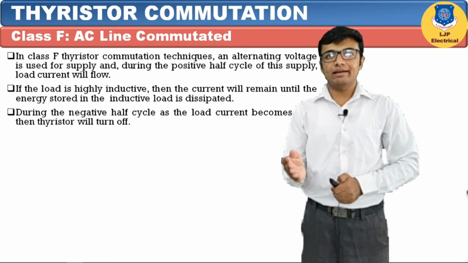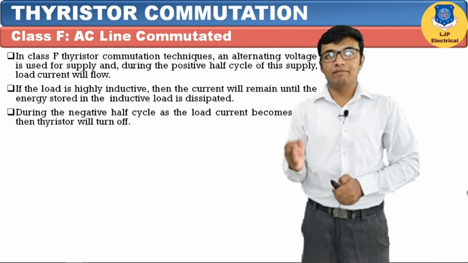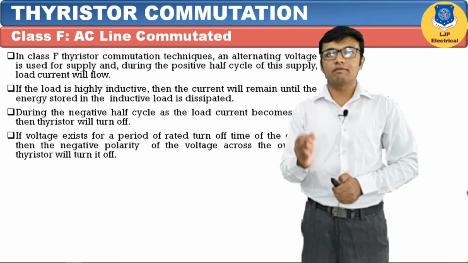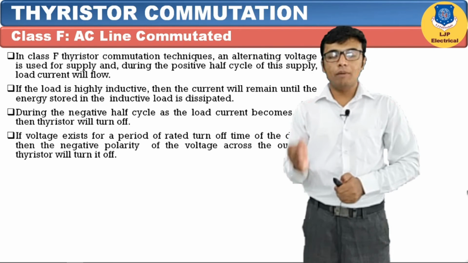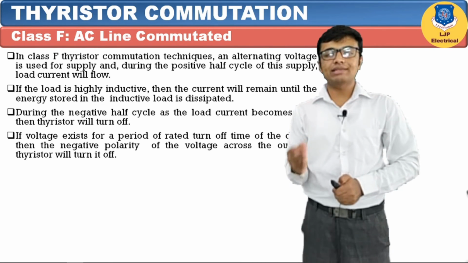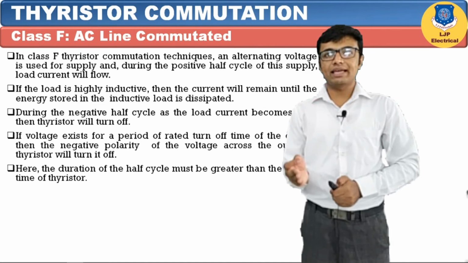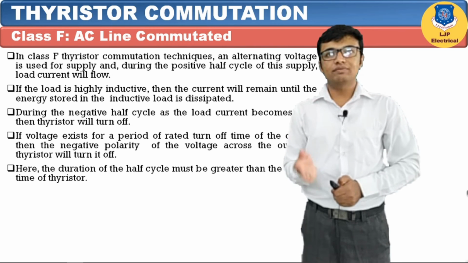During the negative half cycle, as the load current becomes zero, the thyristor will turn off. If the voltage exists for a period of the rated turn off time of the device, then the negative polarity of the voltage across the outgoing thyristor will turn it off. Here the duration of the half cycle must be greater than the turn off time of the thyristor.